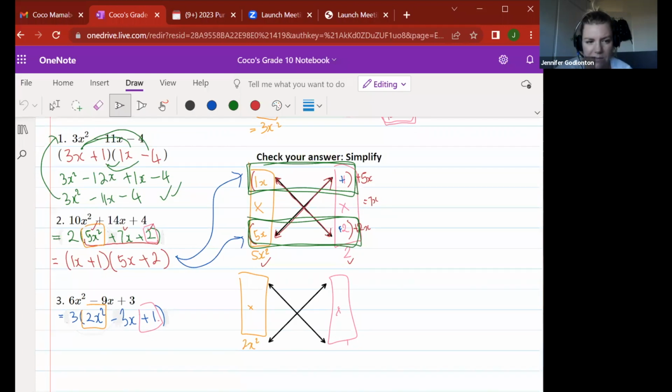Okay, Tatum, I'm seeing some answers coming up. I'm liking what I'm seeing so far. See if anyone else can give this one a go. Just try your best. Think about what we would have to multiply together to get what.